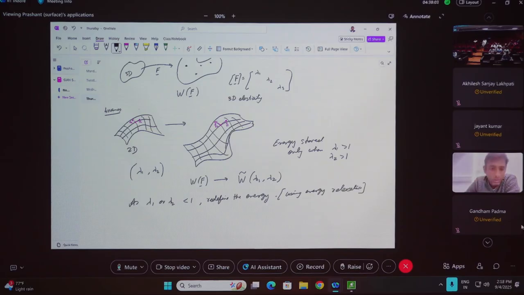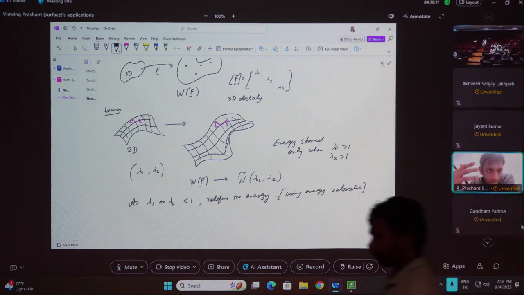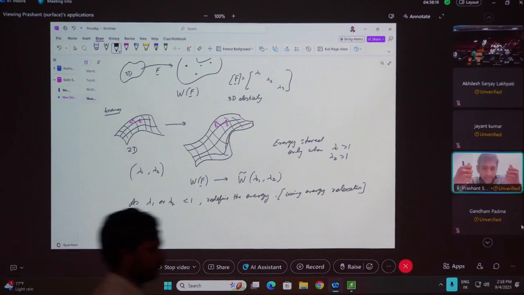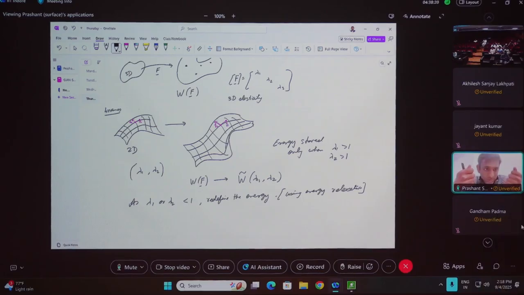I can talk about the underlying mathematics a little bit more, but I hope the underlying physical assumption makes sense, right? You can only stretch a membrane and expect it to offer some resistance. If you try to compress a membrane, you don't expect the membrane to offer resistance. So there is no energy being stored there because it's not offering any resistance.